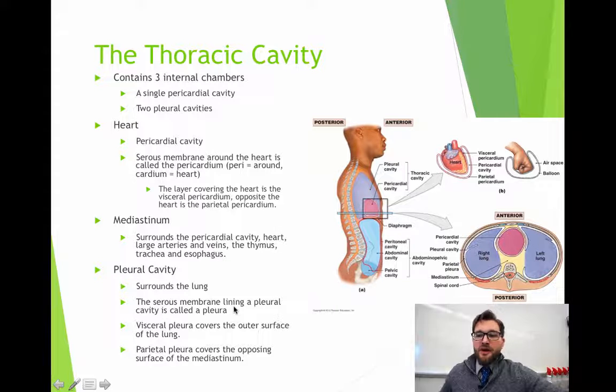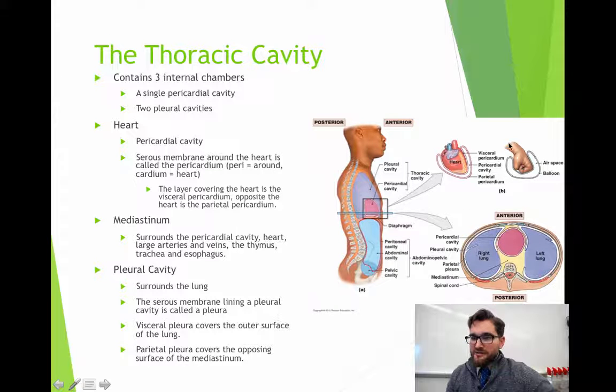The serous membrane around the heart is called the pericardium. So peri meaning around, cardium means heart. The layer covering the heart is the visceral pericardium. Opposite the heart is the parietal pericardium.